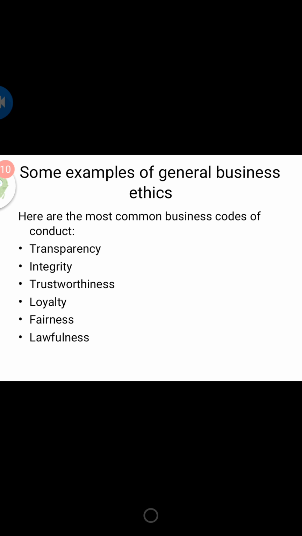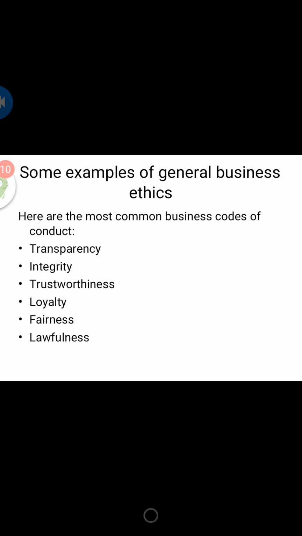The next is trustworthiness. Trustworthiness means you keep your promises. Companies that keep promises and fulfill commitments to their employees, business partners and customers display their commitment to business ethics.